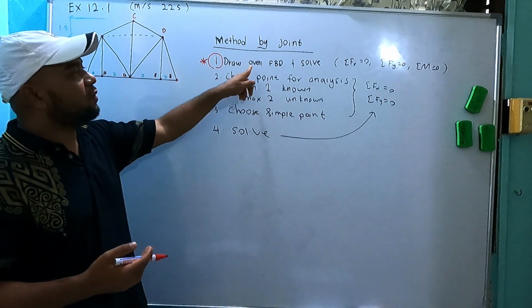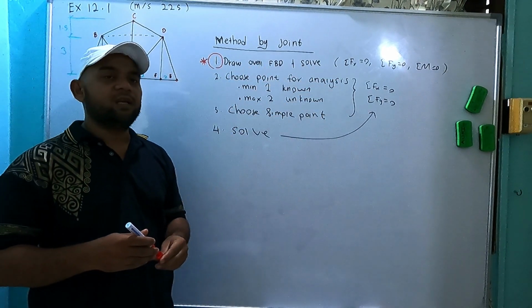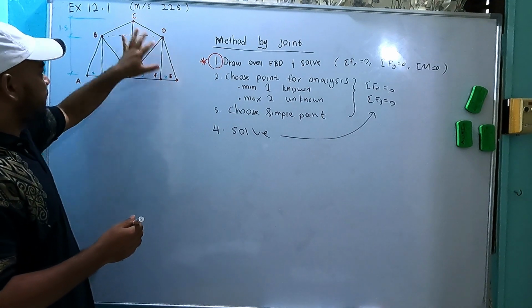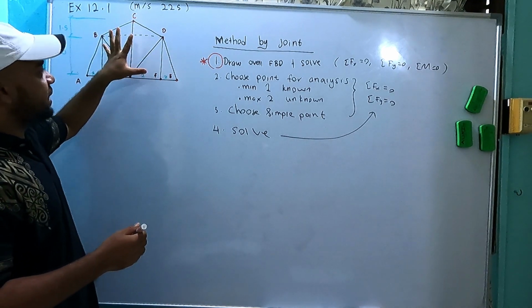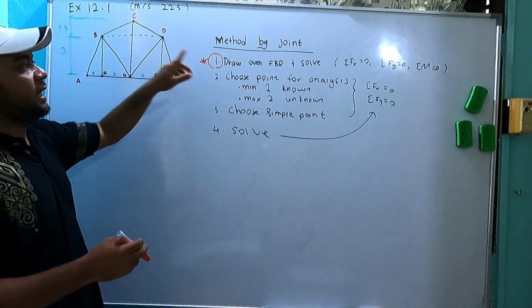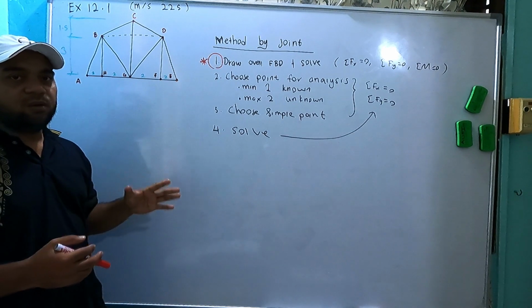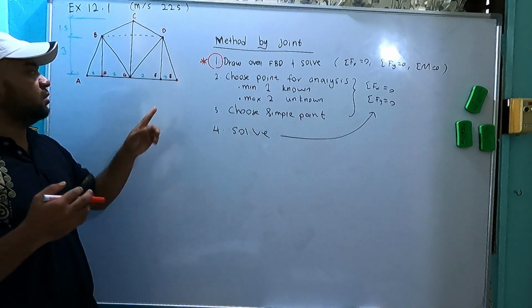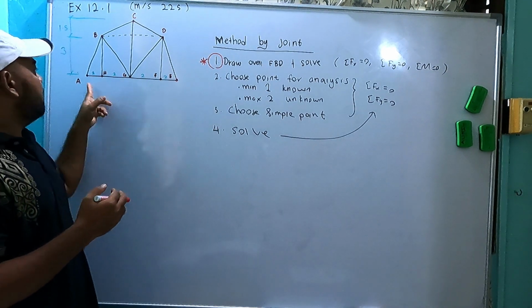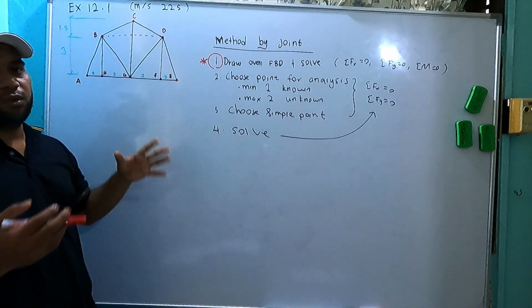So draw overall free body diagram and solve, meaning that if we have one component like this one, we have several parts that contribute to that process. At least using the overall free body diagram, we want to find the unknown force acting on the end of each component. At the boundary of each component, you want to know the reaction.